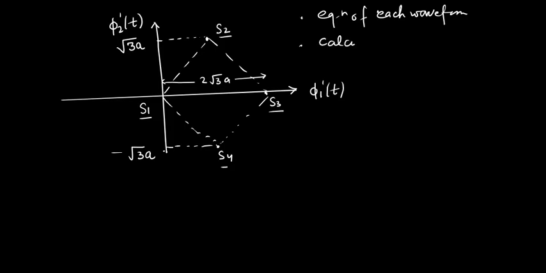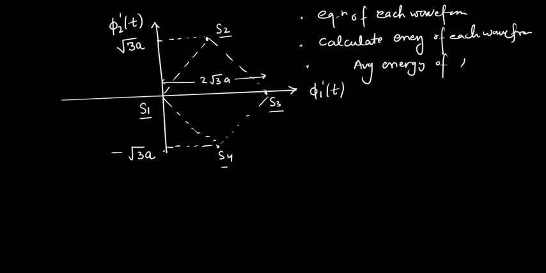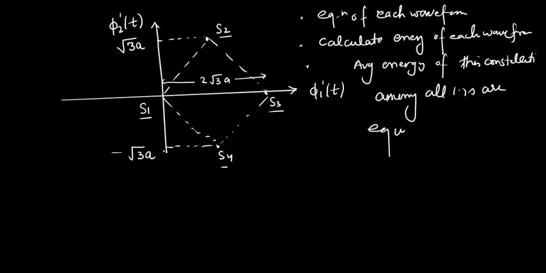Third, find the average energy of the constellation, assuming all points are equiprobable. So solve it.